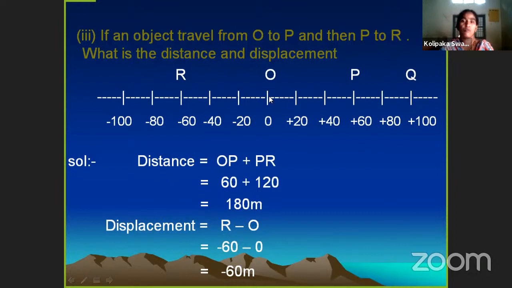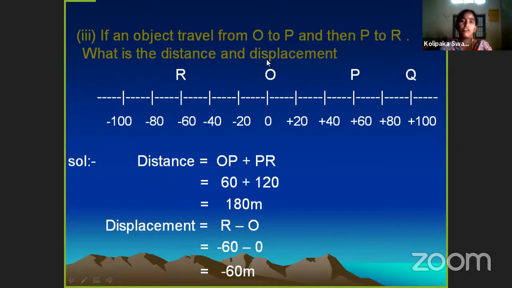So OP plus PR. The distance OP is 60 meters, plus PR: from P to O is 60 meters and O to R is 60 meters, so the total length of PR is 120 meters. 60 plus 120 is equal to 180 meters.